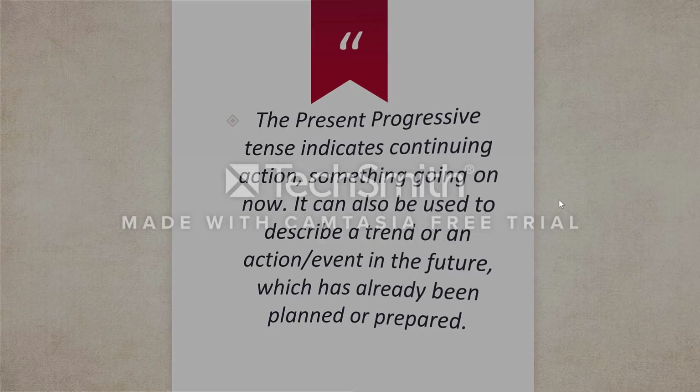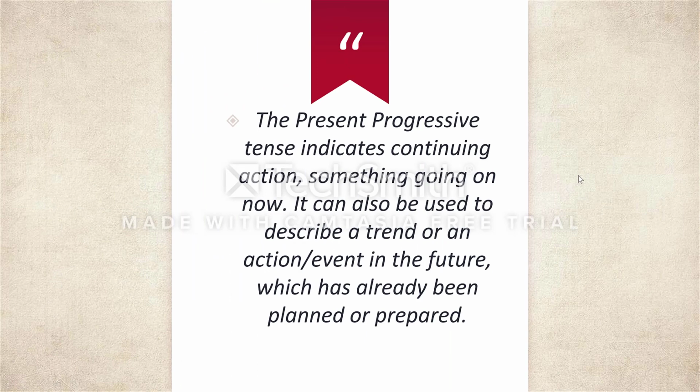So if we look at the present progressive, the definition of the present progressive tense states the following. The present progressive tense indicates continuing action, something going on now. It can also be used to describe a trend or an action or event in the future, which has already been planned or prepared.